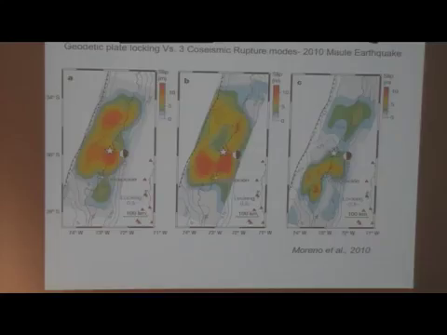So here, the locking is contoured. Here's this contour, and here is 75% locking, and that stays the same in all of these pictures. What changes is it's different people's models for the slip distribution using different data sets and different methods. So red is a lot of slip.